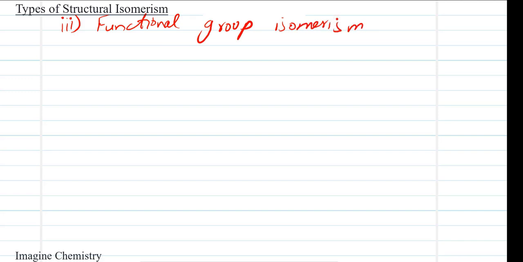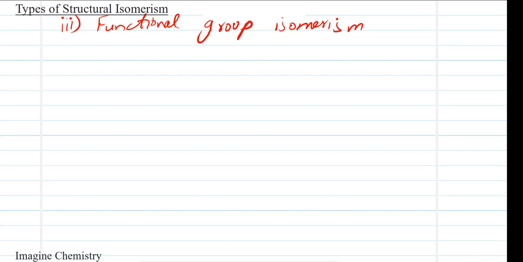The third type of structural isomerism, which I told you, was functional group isomerism. So in this type, there will be difference of functional groups.